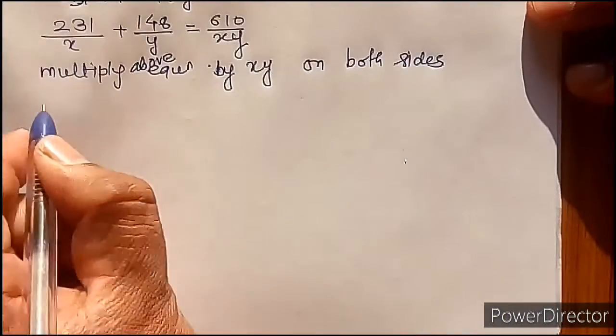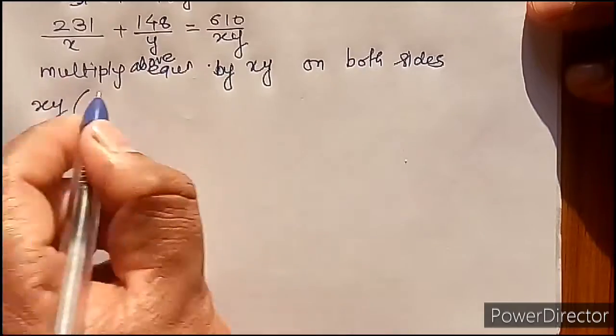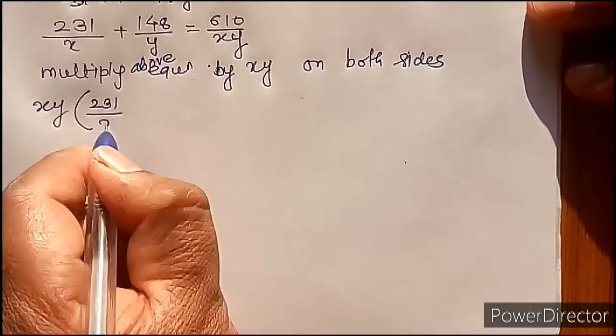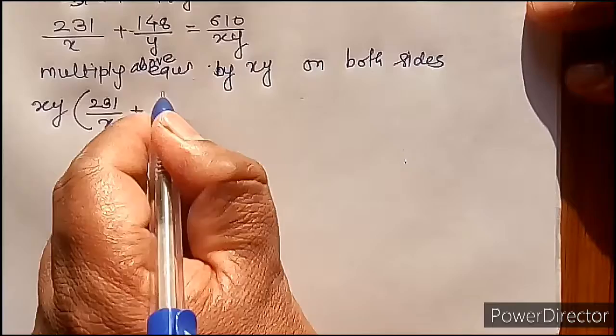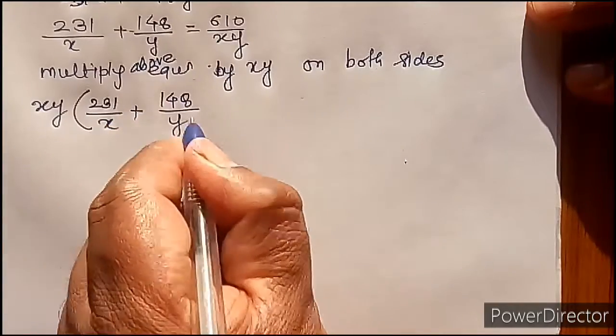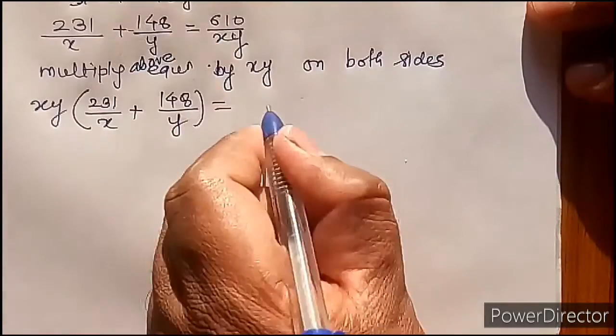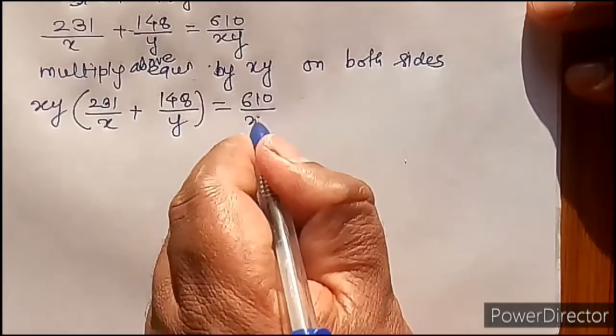What we get is that we multiply xy to the left hand side, that is 231 by x plus 148 by y, equals, as it is now, 610 by xy.